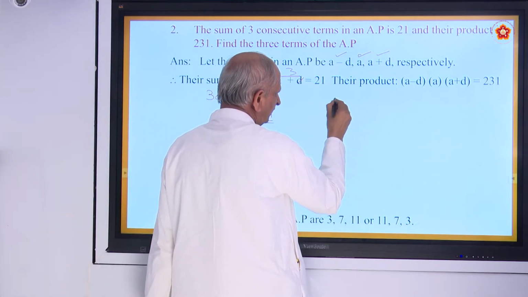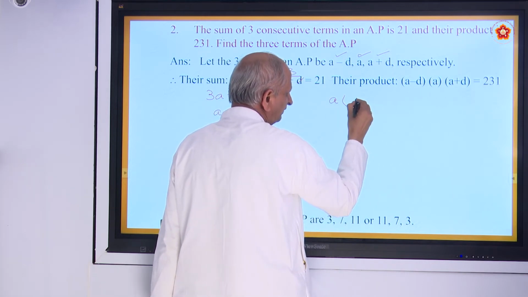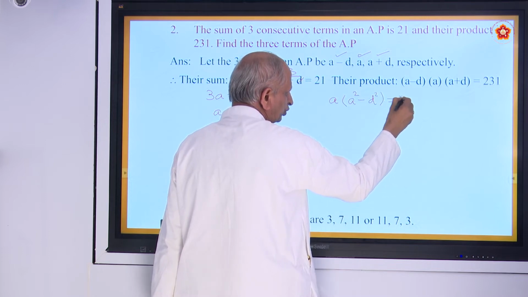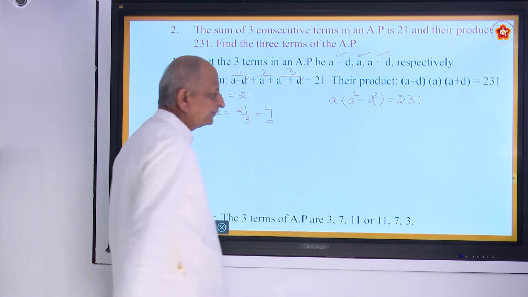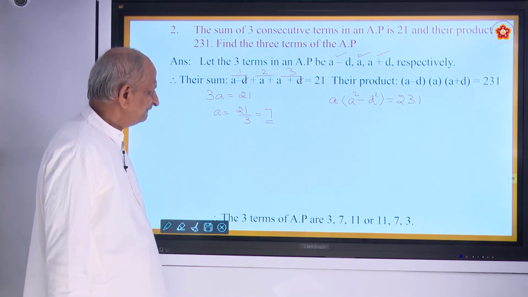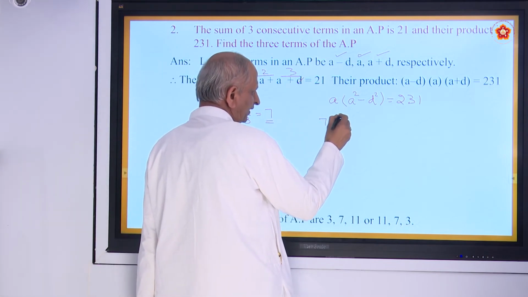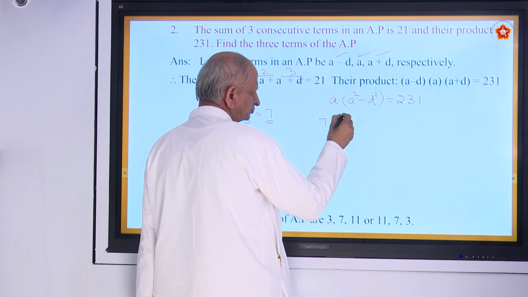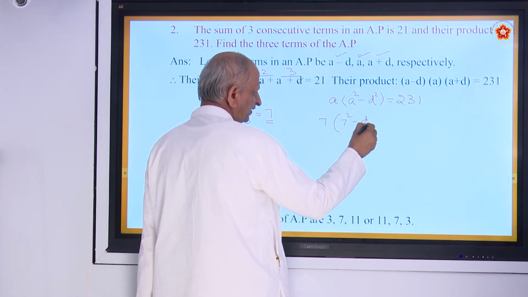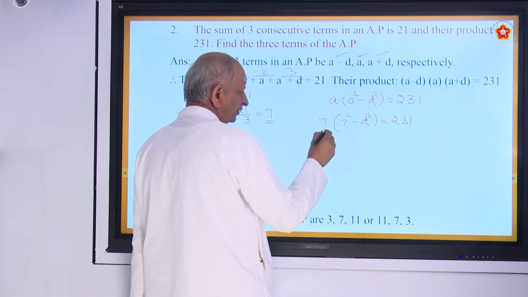See, this will be A into A minus D into A plus D. A square minus D square is equal to 231. Now what is A? A is 7. So 7 square minus D square is equal to 231. So bring this to this side.